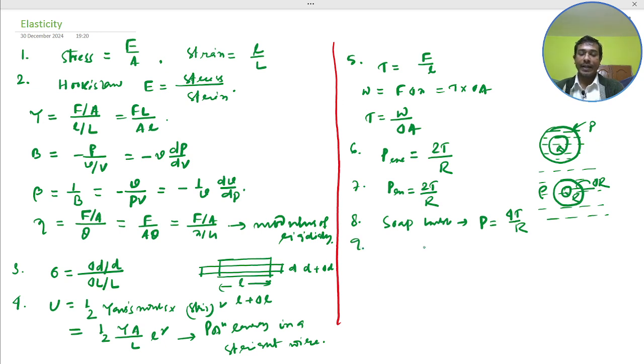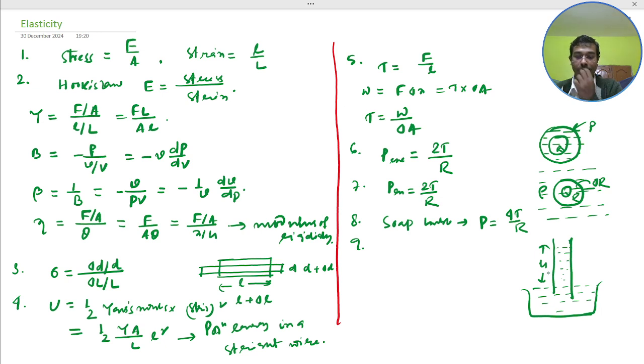rise of liquid in a capillary tube. Suppose this is a tube, within a capillary here, so this is liquid, and here this distance is h.